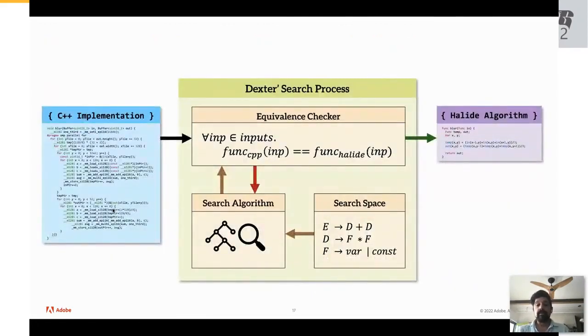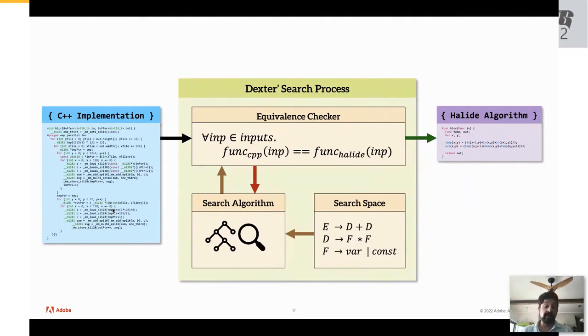So Dexter primarily works using this search process that consists of three parts. You have a search space that is defined by a grammar. So this is really a syntactic search space. Our grammar contains things like plus and multiply and variables and memory accesses and so on.